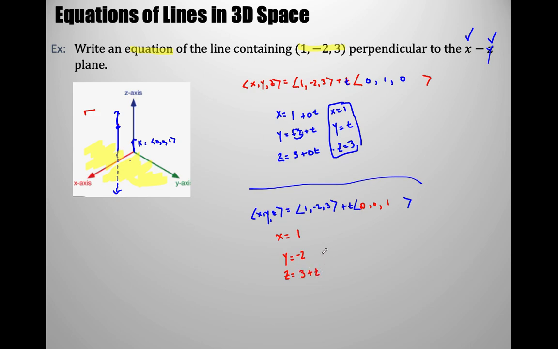But what did I tell you? That really this 3 is free to be whatever. Free, baby! You can make that 3 anything, which means you can make it 0. So I could write this as X is equal to 1, Y is equal to negative 2, and Z is just equal to T. Because it doesn't matter.